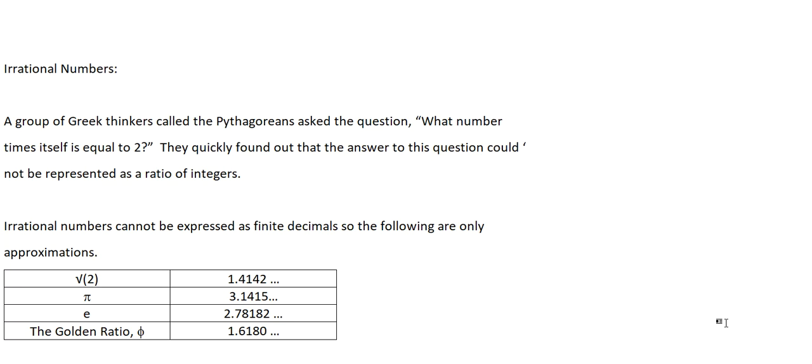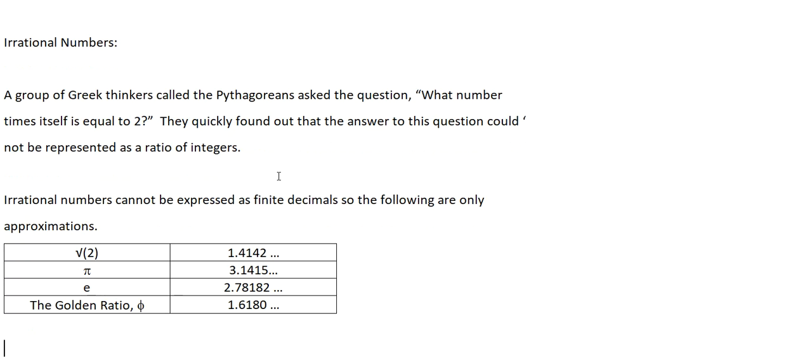But they found out that the answer could not be expressed as a ratio of integers. They were a bit annoyed by this. And as a matter of fact, there are stories of thinkers being thrown from cliffs. You can look that up on YouTube if you like.